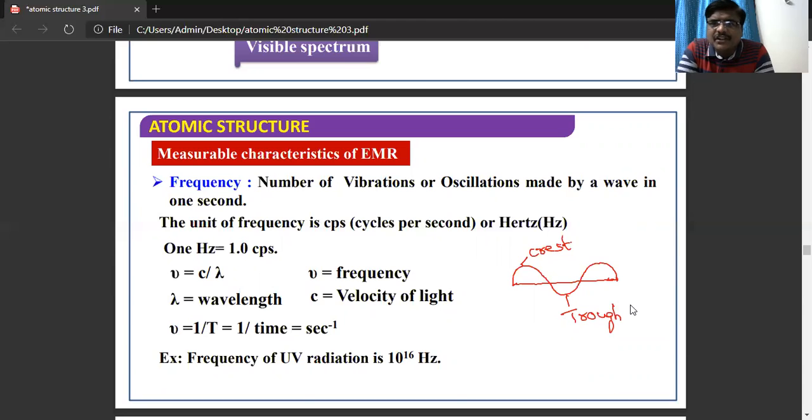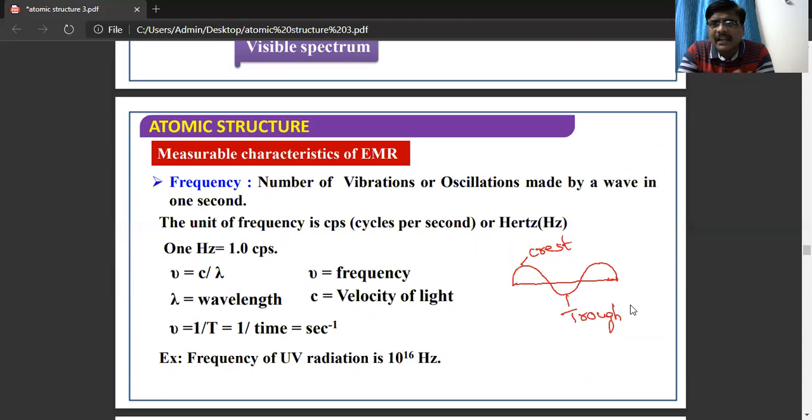A combination of crest and trough is known as a wave. So the number of vibrations or oscillations made by a wave in 1 second is known as frequency.